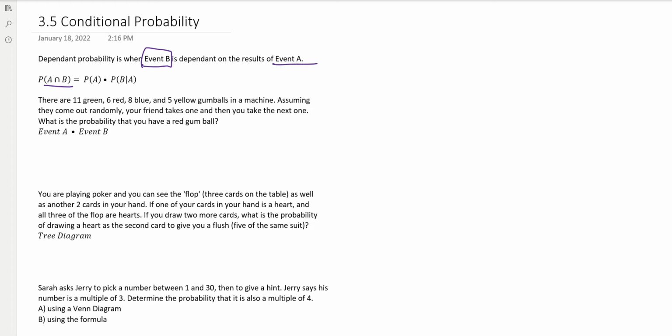Basically, it's just saying if they're dependent, then you can find the intersection using this method here.